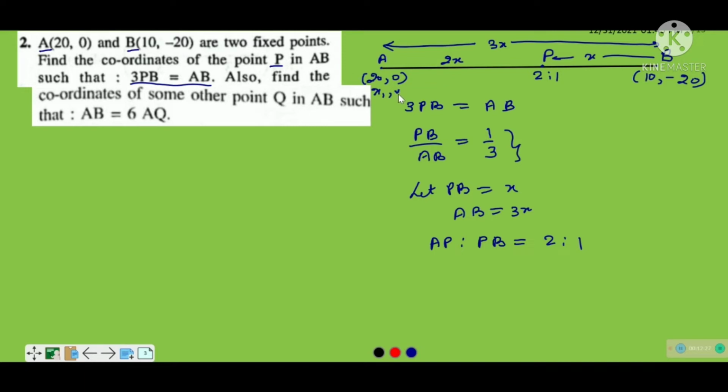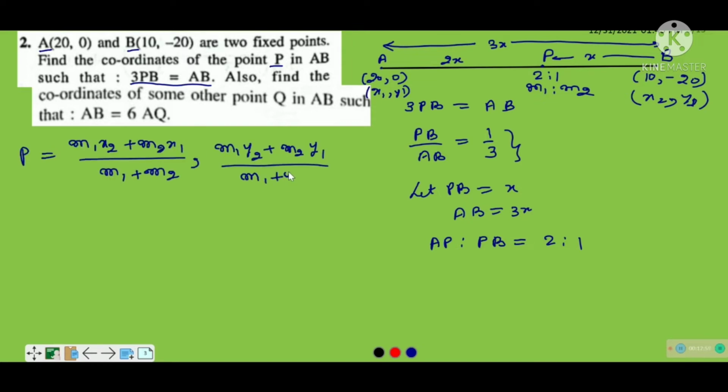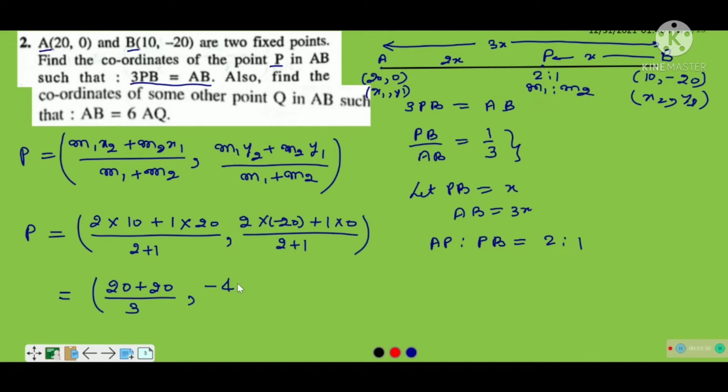This is x1 y1, this is x2 y2 and m1 is 2, m2 is 1. Coordinates of P are 40 upon 3, minus 40 upon 3.